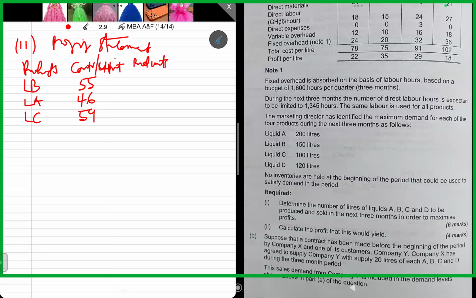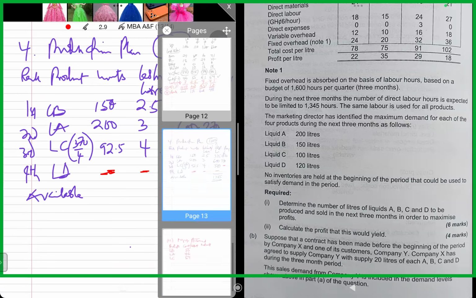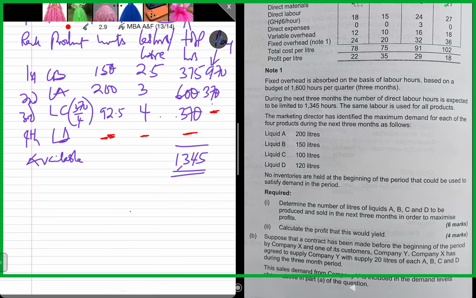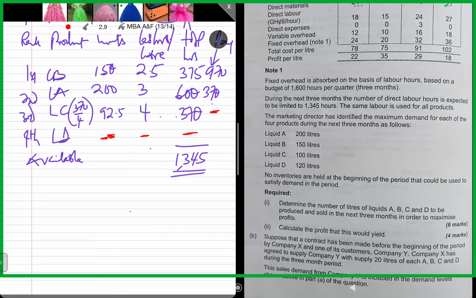Yes, from the previous stage. Look at the production plan, page 13. The production plan is based on our available hours. How many units are we going to produce for the respective products? Look at the units column of the production plan. Not the hours, the units. 150. Good.